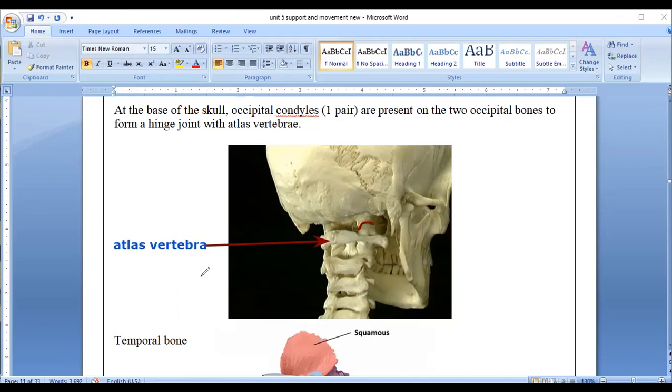Understood? Here, above the border, what is there? Occipital condyle. Above the border, occipital condyle.